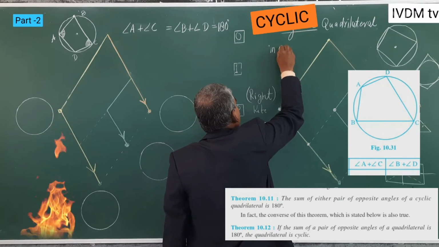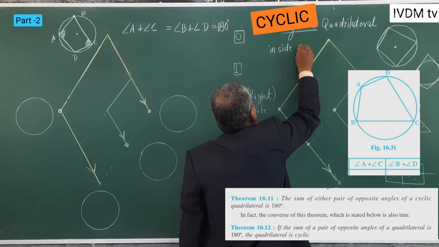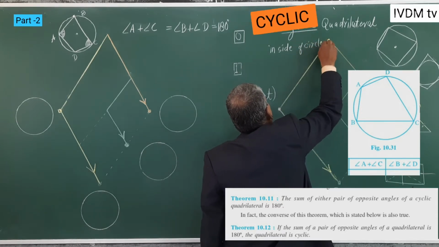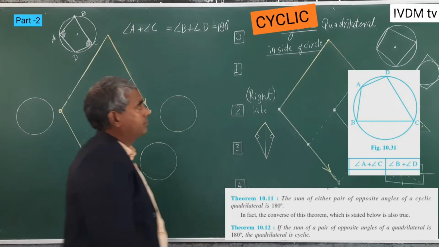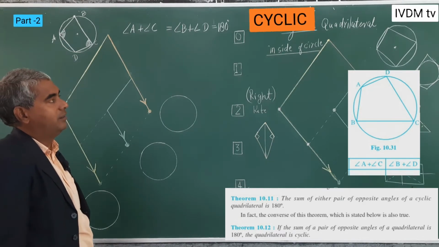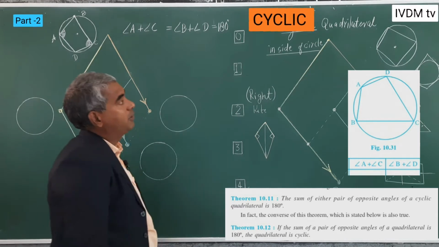Just write here, a quadrilateral which is inside of a circle is also called an inscribed quadrilateral.